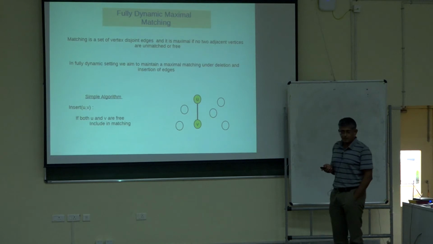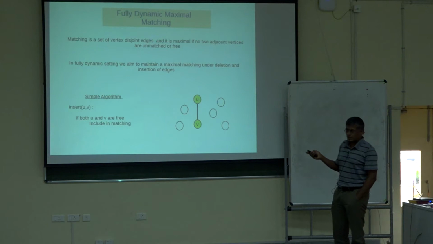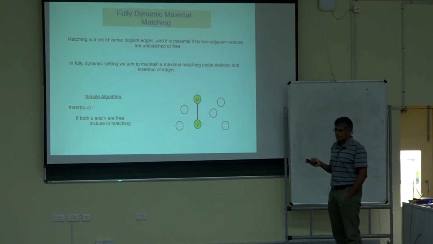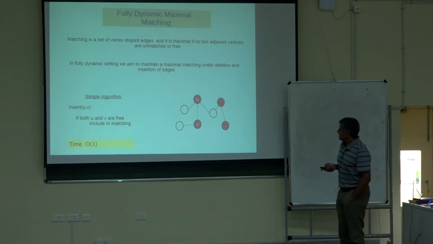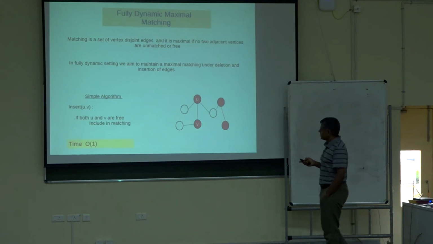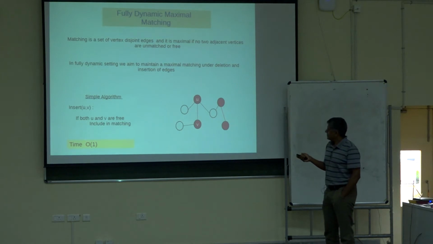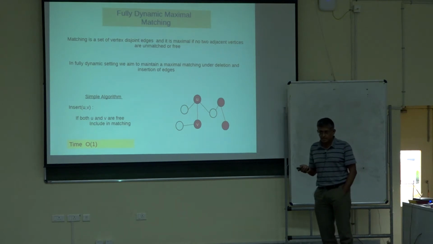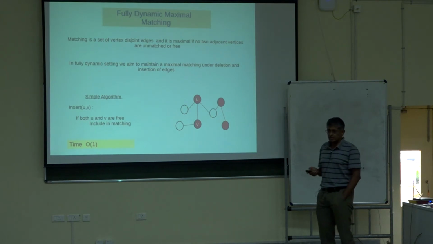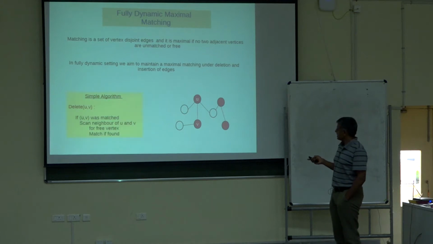If u and v are free, then without much effort you just add this into your matching. This takes very little effort. For every edge that is presented to you, you just need to ask if both the endpoints are free, and this can be done quite easily.